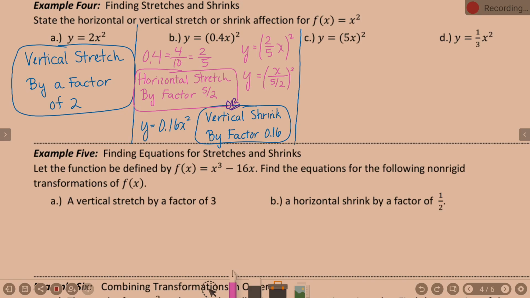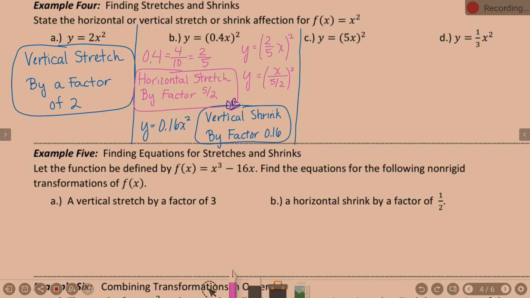So, if you recall, we were looking at our shrinks, stretches, compressions, whatever you want to call them, horizontal and vertical. Remember, horizontal is a new aspect this year. Vertical we did in the past. In A, it was just multiplied by 2, so we considered it a vertical stretch.